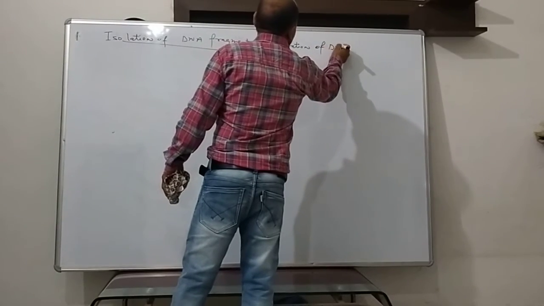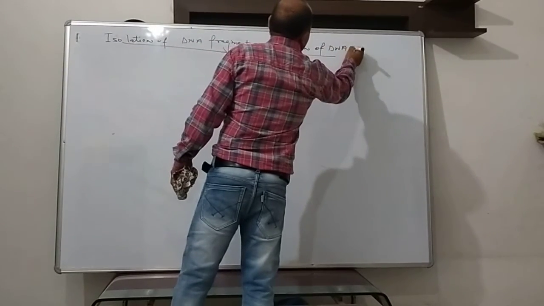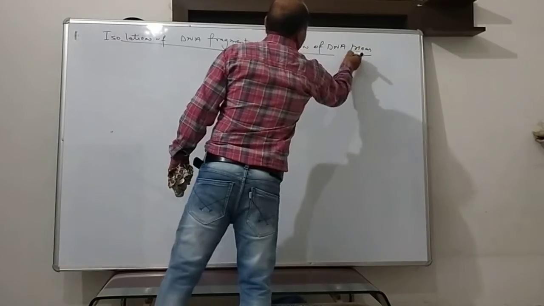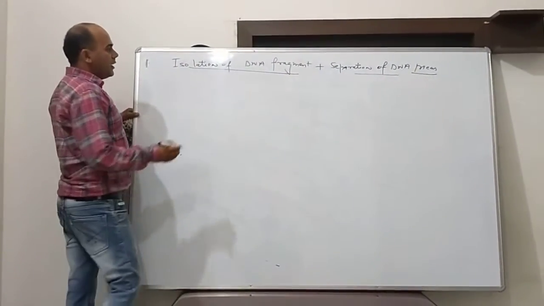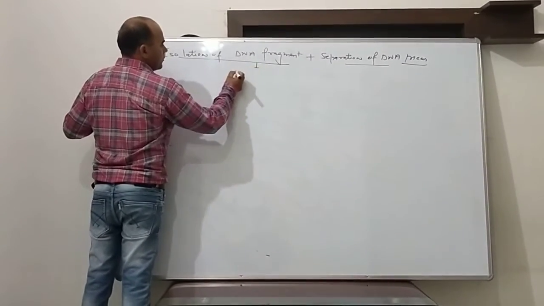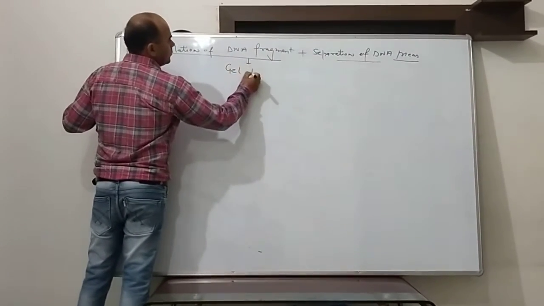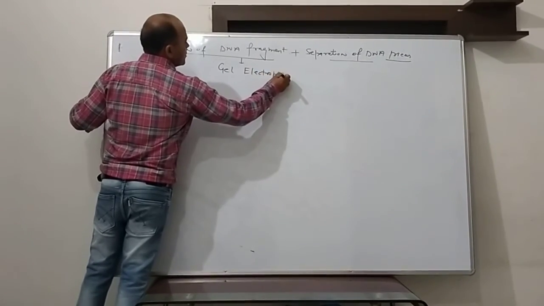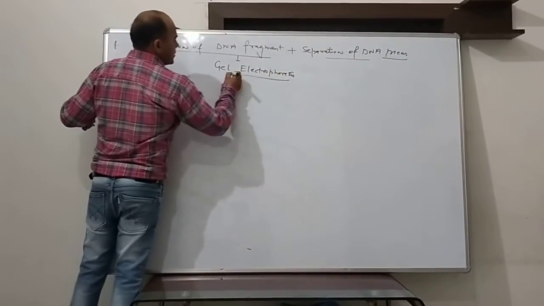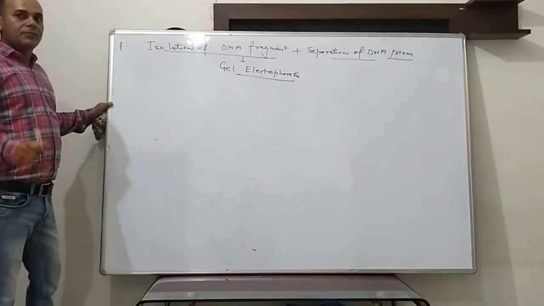DNA pieces, you can say fragments, are separated with the help of a technique called gel electrophoresis. Gel electrophoresis we will discuss in the next lecture. Okay.